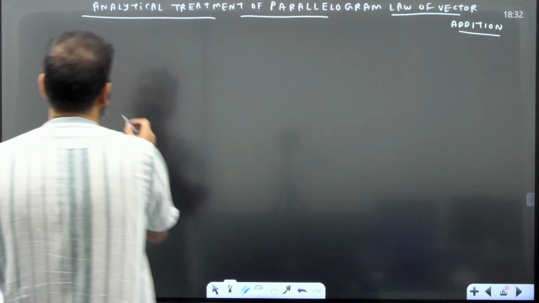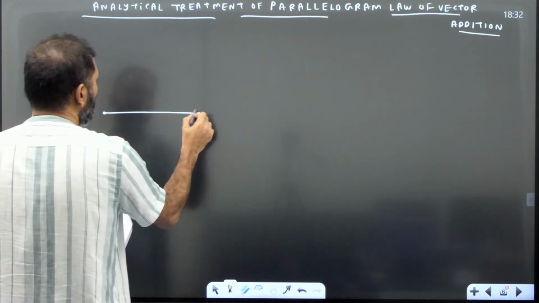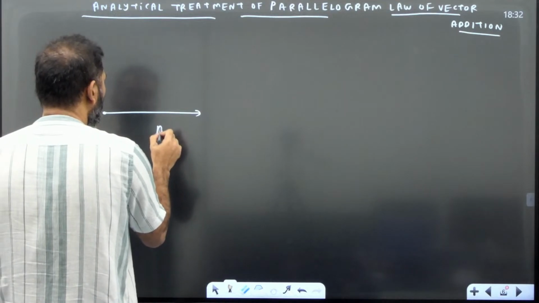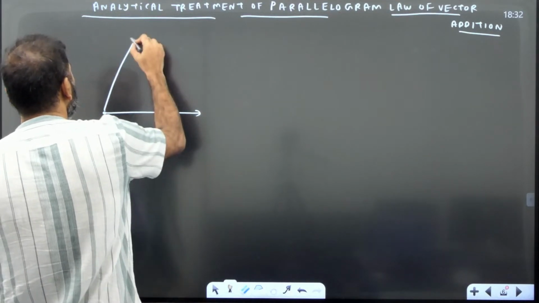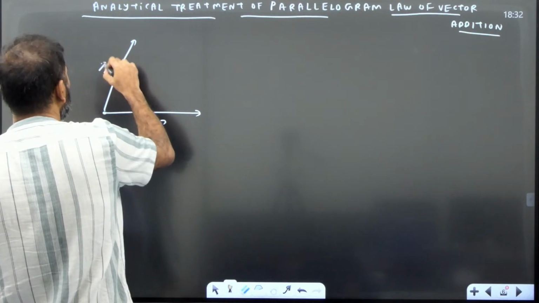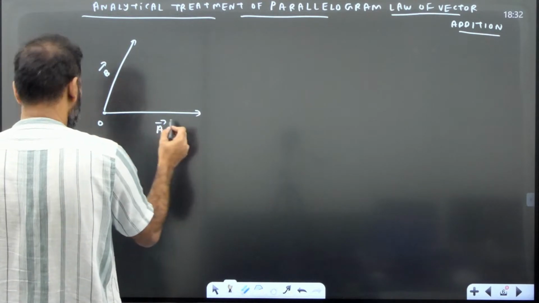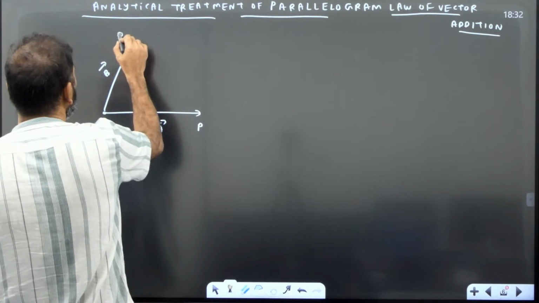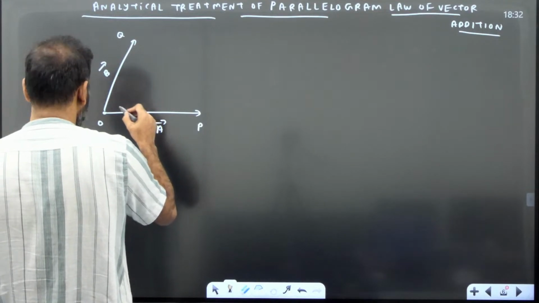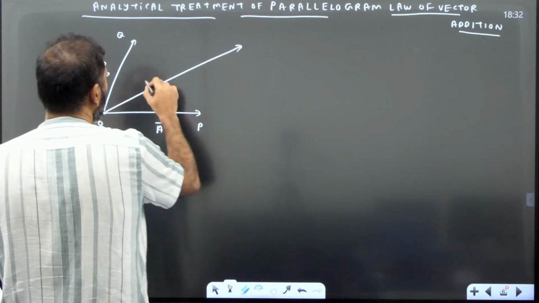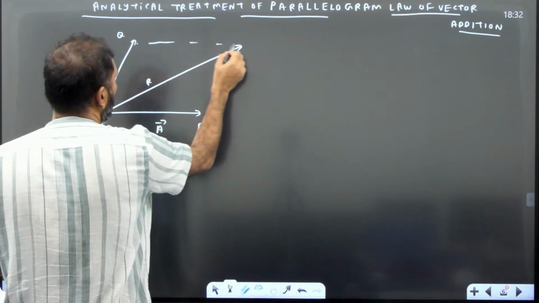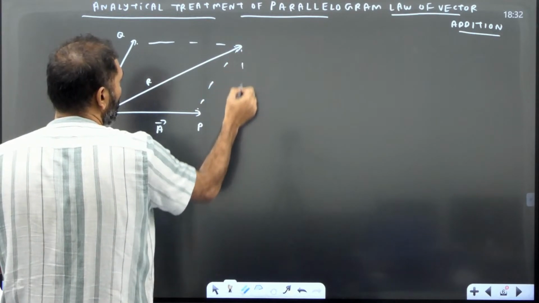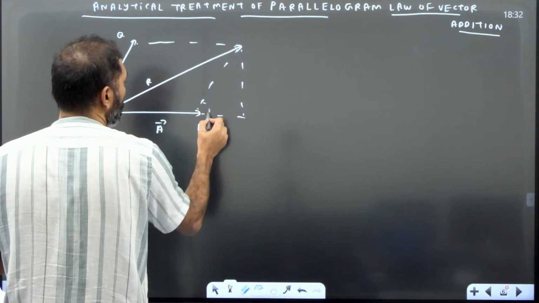Now let's see. OA vector. This is B vector. This is O. This point is P. This is Q. This is R. This is angle theta.